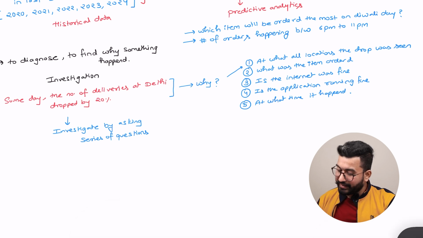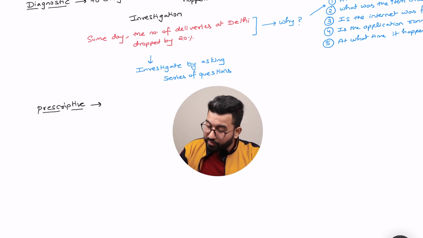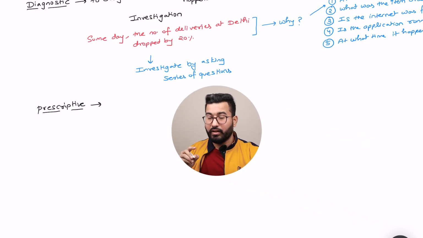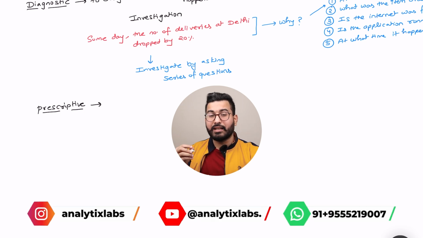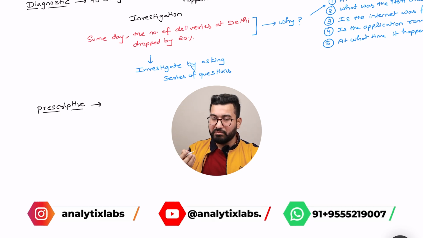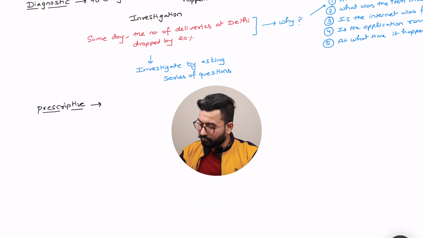Finally, we have prescriptive. Prescriptive means now you know the problem, now you know why it happened, now you are giving some suggestions to the team to make sure that it does not happen next time.